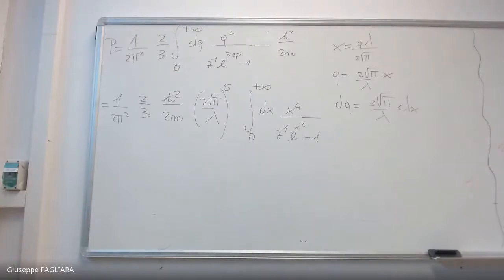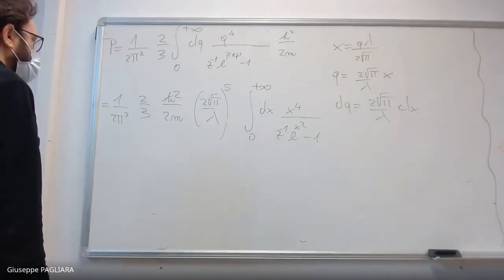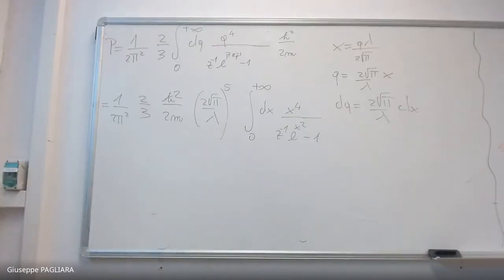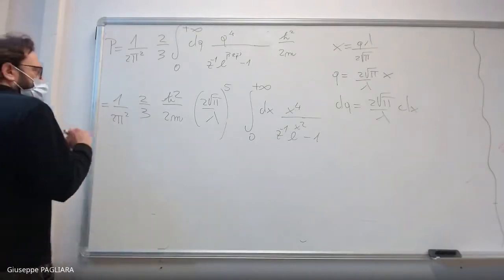I think it should be correct. Two-thirds h squared divided by 2m. Then I have the 2. Okay. Isn't a kBT missing? No, I'm losing that. Okay, but I think it can be done like this. Wait a moment.